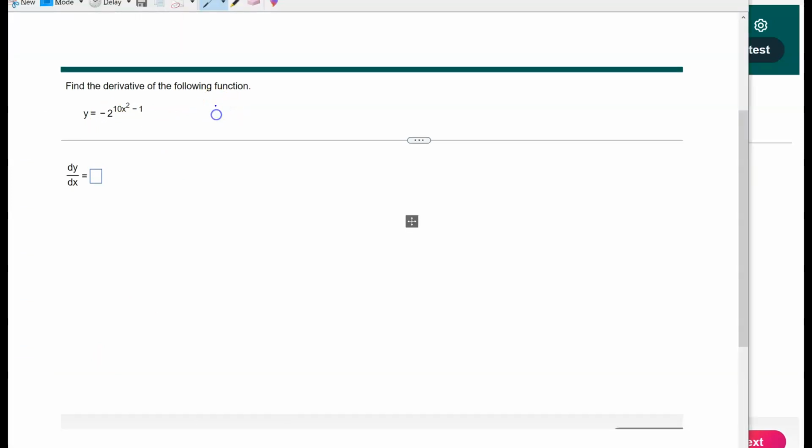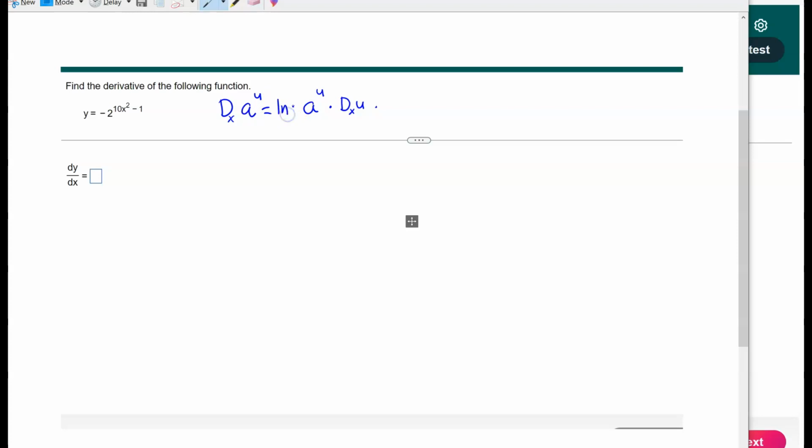So recall that the formula for the derivative of a to the u, again, the base is not e, with respect to x, is just equal to a to the u times the derivative of u with respect to x and times ln a. Or I would say write ln a before, so you won't forget that.